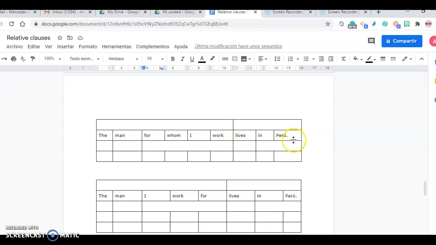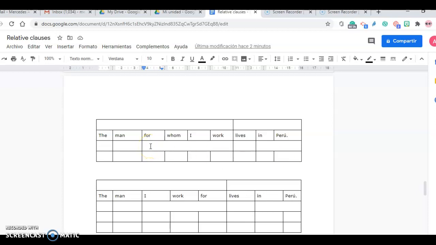And lives in Peru is the predicate. Lives in is an intransitive verb, and in Peru is an adverbial complement, prepositional phrase, where in is the head preposition and Peru is the prepositional complement, and it is a proper noun.